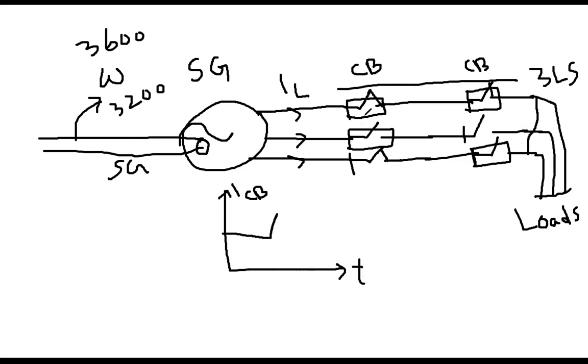But in real practice, those circuit breakers have some sort of relay circuit, which is called a protective relay. You might have heard this keyword, relay circuit. These are pre-programmed, automated systems.